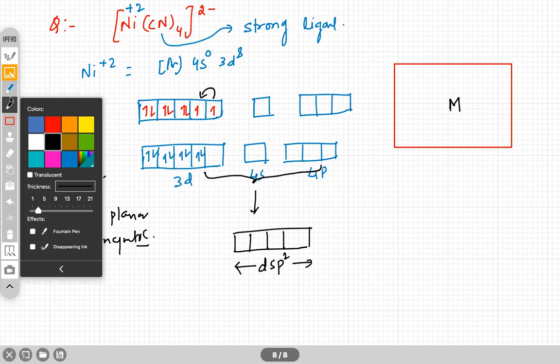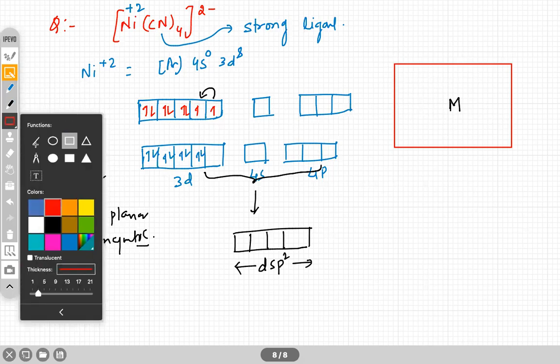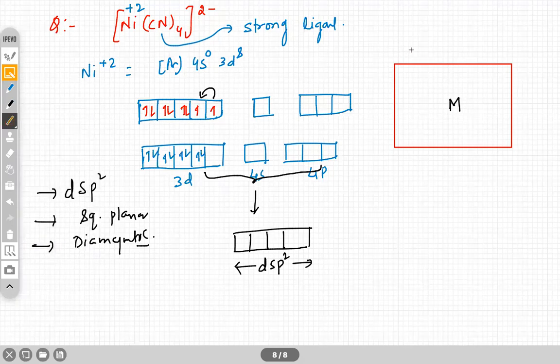So for ligands to get attached to the metal at these corners of the square, they have to approach the metal from these directions. If the ligands have to form a square planar complex, they must approach the metal along these lines, along these directions.